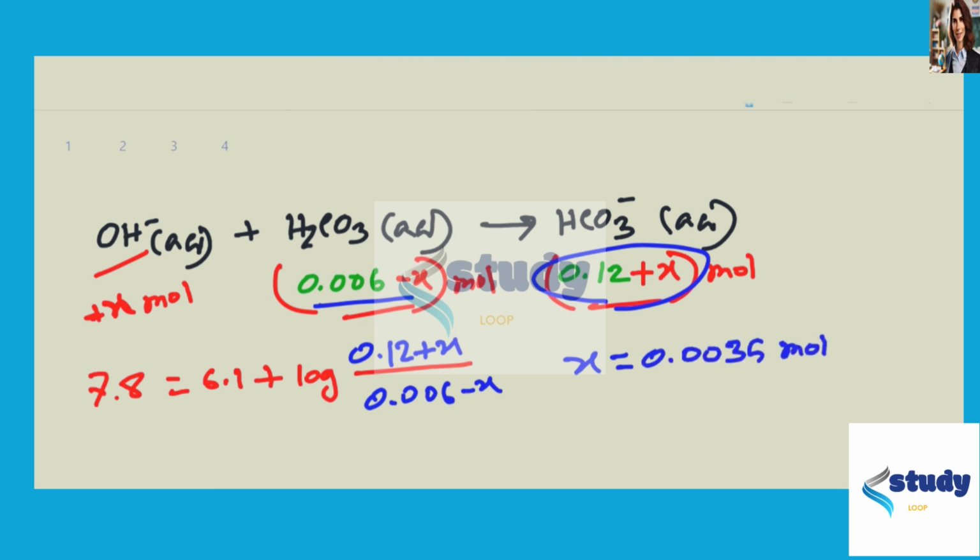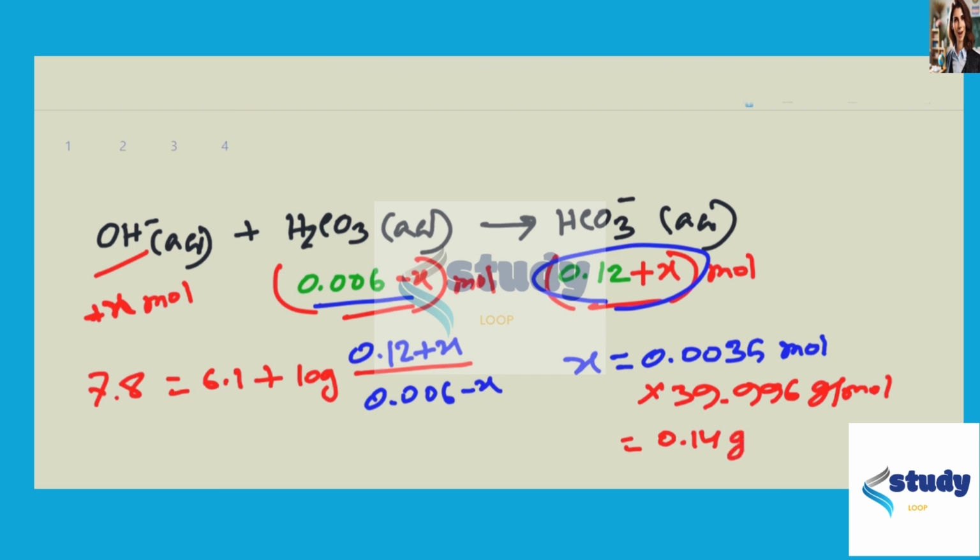So this is the moles of sodium hydroxide that can be neutralized by the buffer before the pH rises above 7.8, and just multiplying this number of moles by the molar mass of sodium hydroxide, which is 39.996 gram per mole, we will have the mass of sodium hydroxide as 0.14 gram.